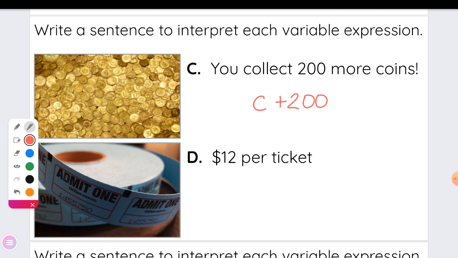This one's kind of tricky, but this is probably the most common that starts popping up. No? Nolan? 12T, or 12 times. If you knew how many tickets you were buying, could you figure out a price for those tickets? Yes. Okay.